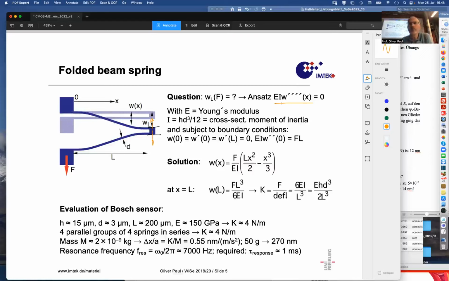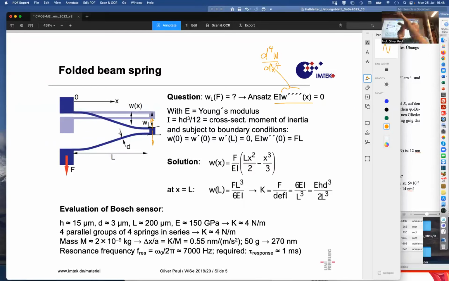It's the 4th derivative. So this is kind of awkward. I should write d4w over dx to the 4, equal to 0. And the stiffness parameter that is important here is E times I. E, the elastic modulus, and then I, the cross-sectional moment of inertia, which is given by H times D cubed divided by 12.